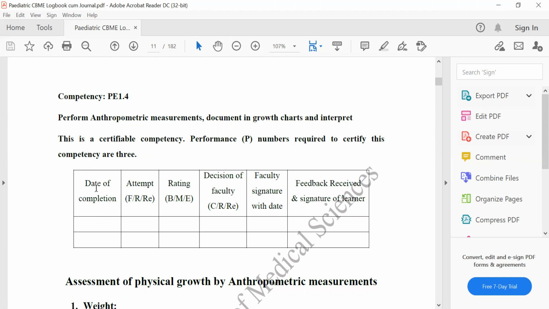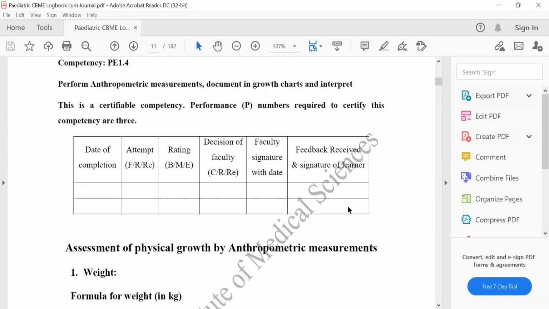So date of completion, then attempt, first, repeat or remedial measures were required, rating below expectation, meets expectation or exceeded, then the decision of the faculty, completed, repeat or remedial, then the signature of the faculty with the date and the feedback received and the signature of the learner.